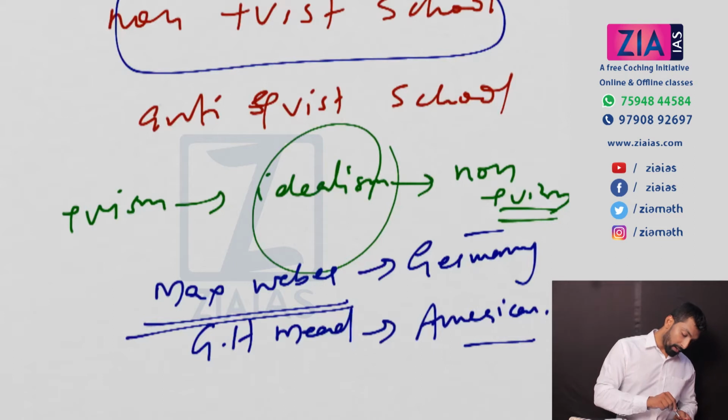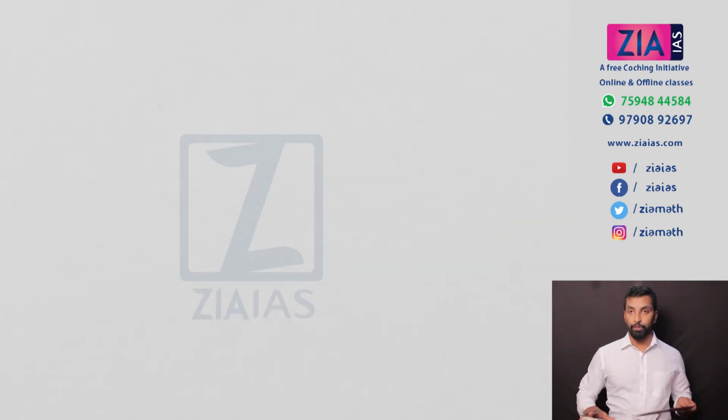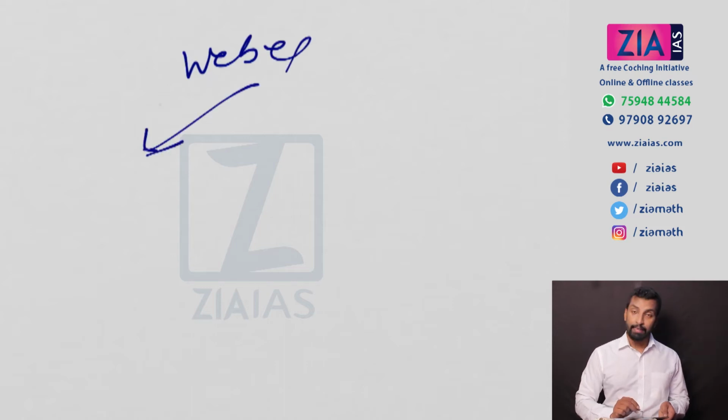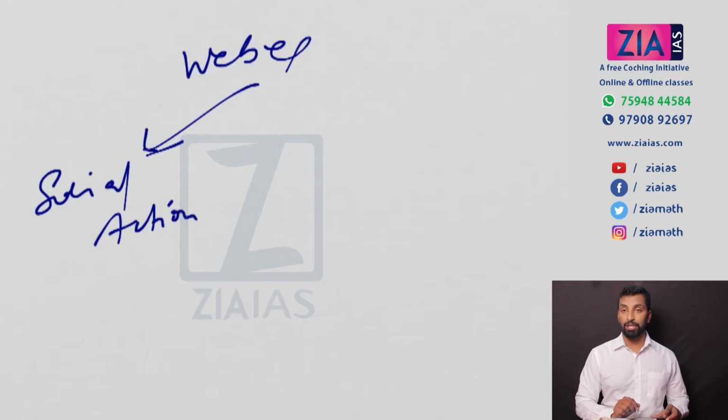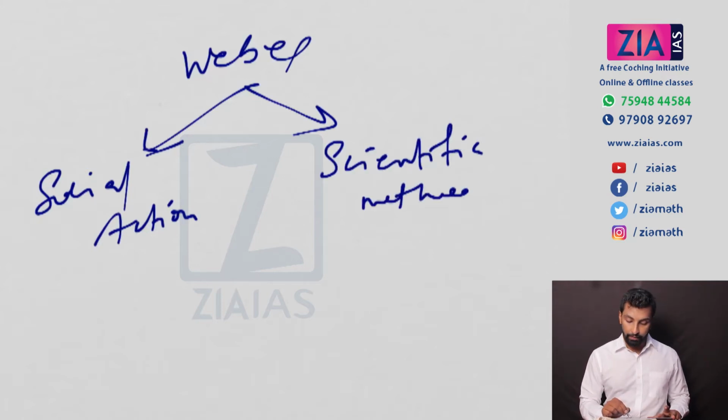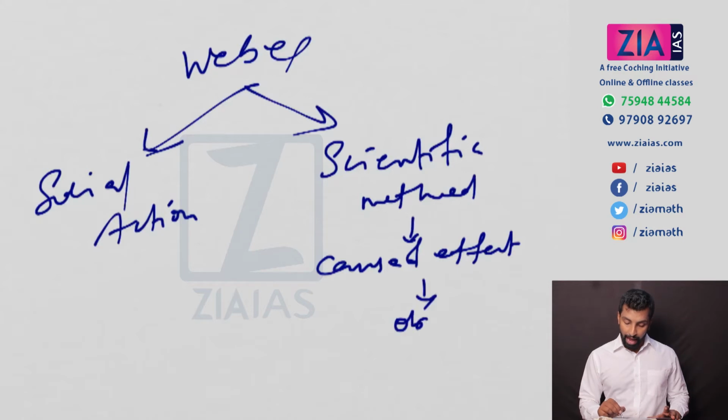If you observe here, on one hand Weber says you study social action, or human action, and on the other hand Weber is saying it's a science of society. So you should study using scientific method, arrive at an explanation of cause and effect relationship, and follow an objective approach, right?